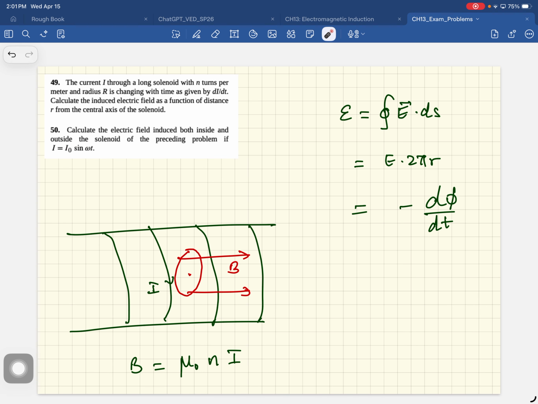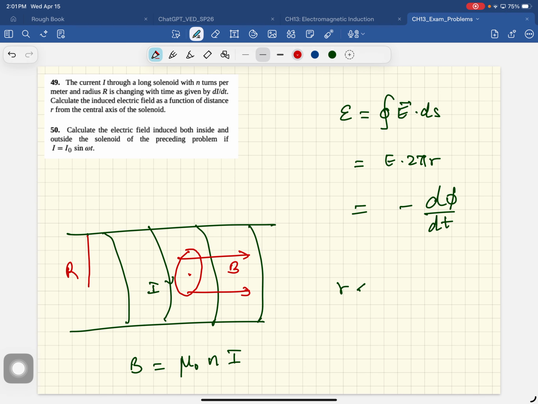So the strength of the electric field falls off as 1 over r. Once you're outside the solenoid, its strength is decreasing inversely as r. Okay, it's falling off.